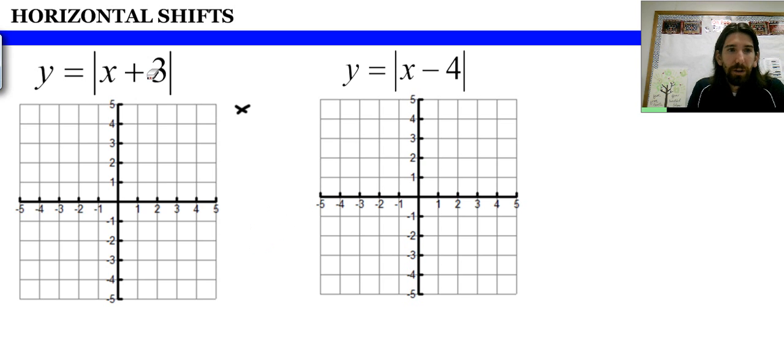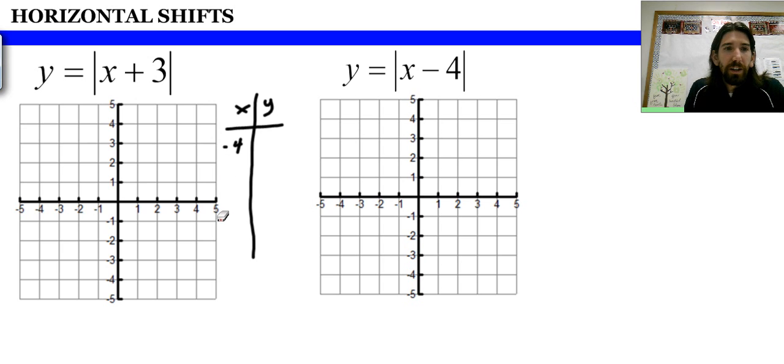If I make a table for this guy right here, I'm going to plug in -4. We'll start with -5. We'll go all the way to the back. -5. -5 plus 3 is -2. The absolute value of -2 is 2. Let's go to -3. -3 plus 3 is 0.